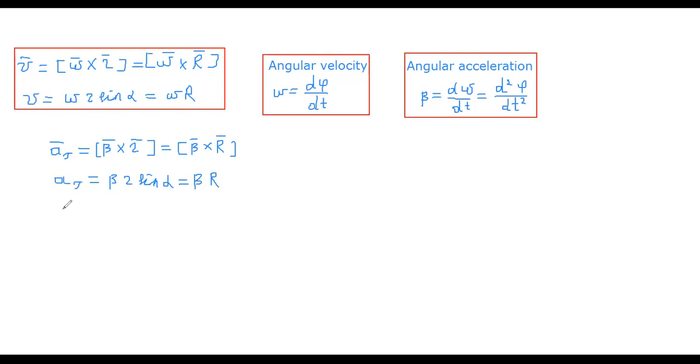And we also always have normal acceleration when we consider rotational motion, and normal acceleration is equal to omega multiplied by v, and it is equal to a double vector product.